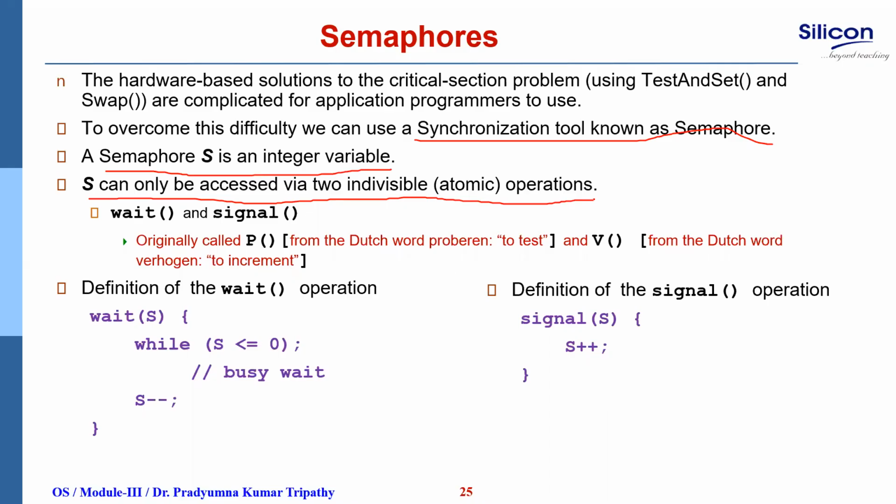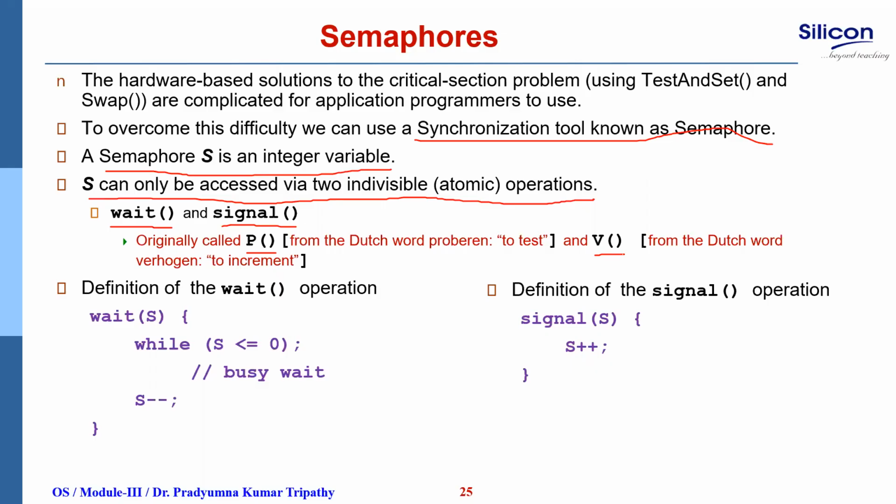Why is it called P and V? Because it comes from the Dutch words for to test and to increment. So these are the two operations that can be carried out on the semaphore.